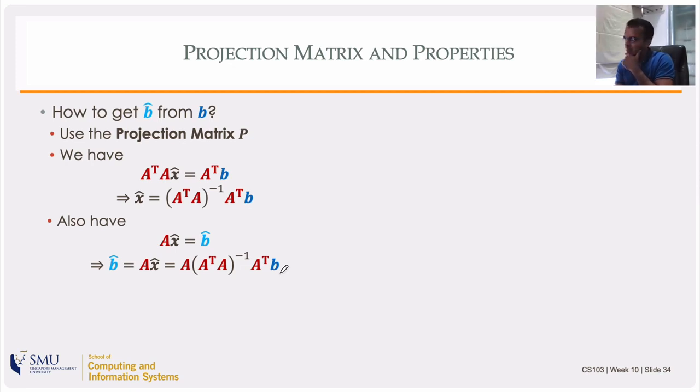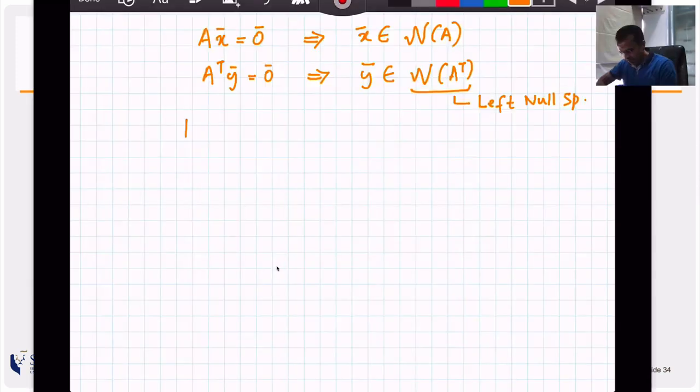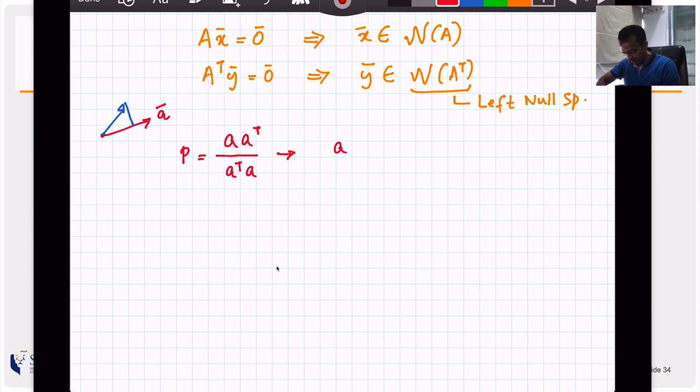It looks complicated, but if you think about it, we had the projection matrix for a vector A, projecting B onto it: A A transpose divided by A transpose A. This guy in the denominator is just a number, the square of the norm.